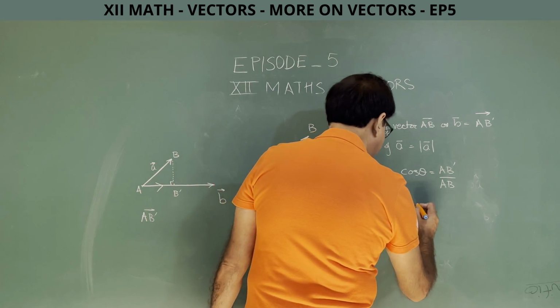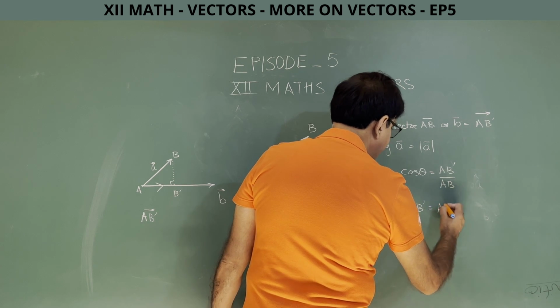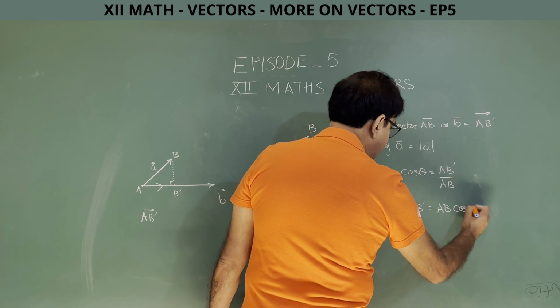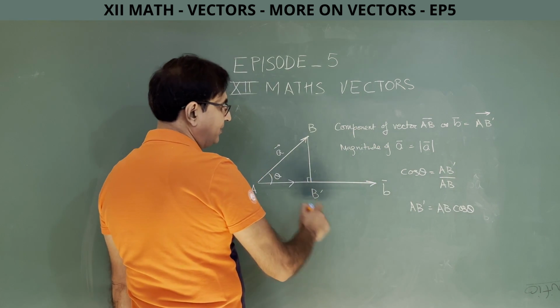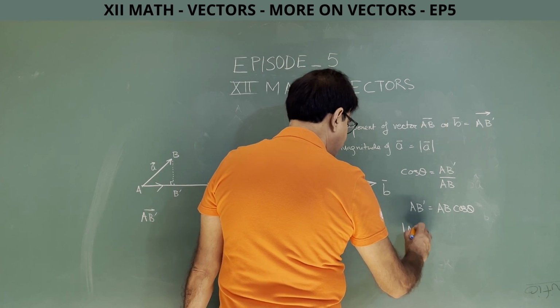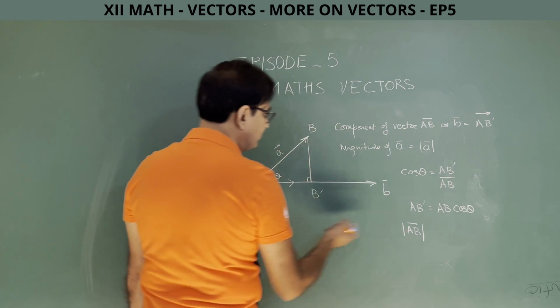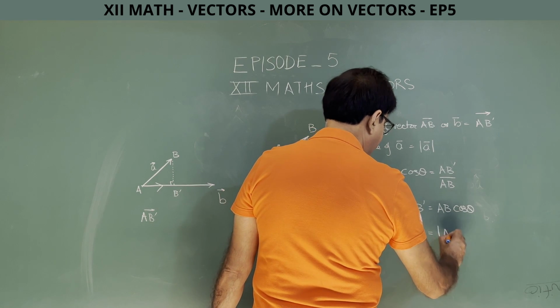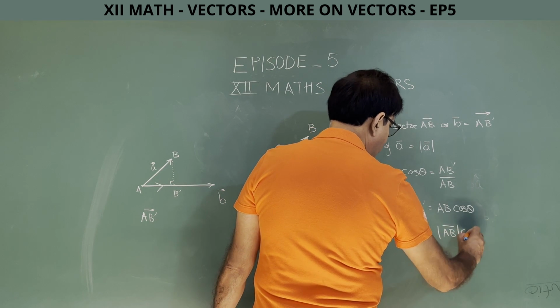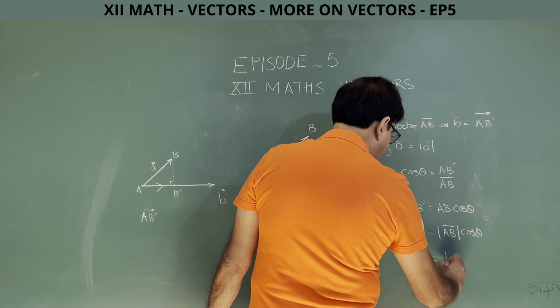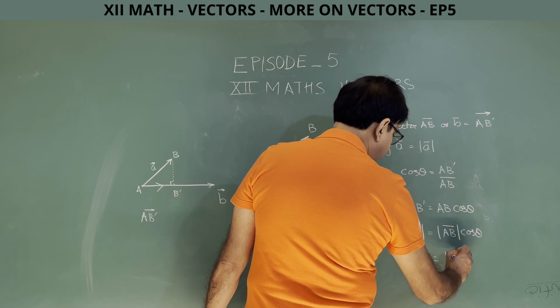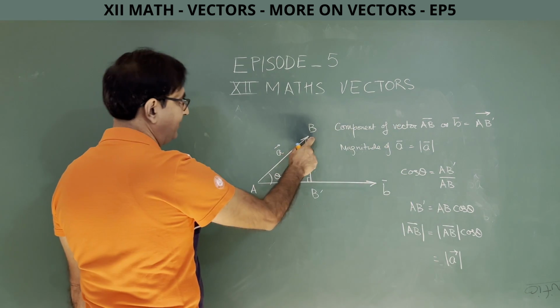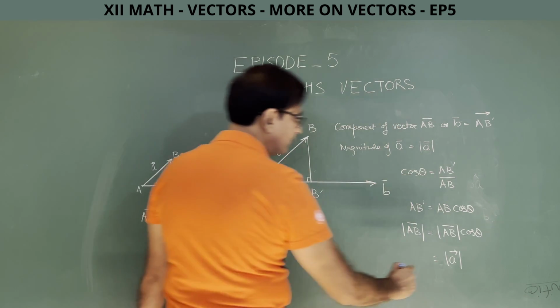Now you cross multiply, so what will be AB dash? AB cos theta. AB dash is nothing but magnitude of vector AB dash, because magnitude of vector AB dash is the length of this line. What is AB? Again magnitude of vector AB cos theta. Magnitude of vector AB can also be written like this, because both are representing the same vector.